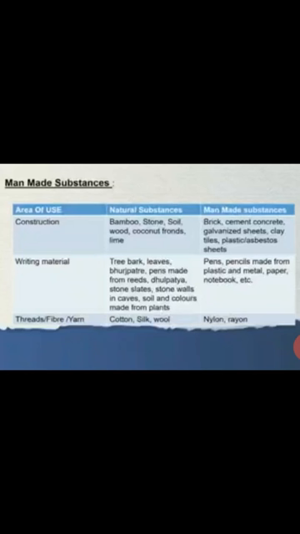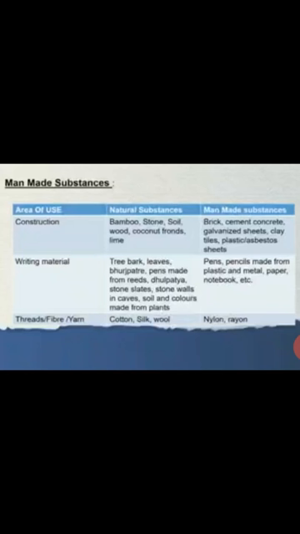In the construction area, natural substances are bamboo, stone, soil, wood, coconut fronds, lime. And man-made substances are brick, cement, concrete, galvanized sheets, clay tiles, plastic, asbestos sheets.